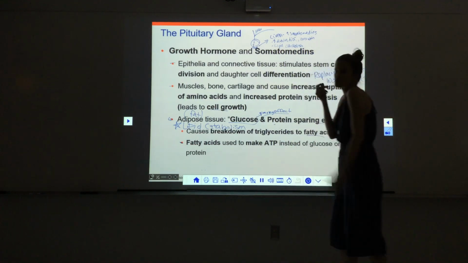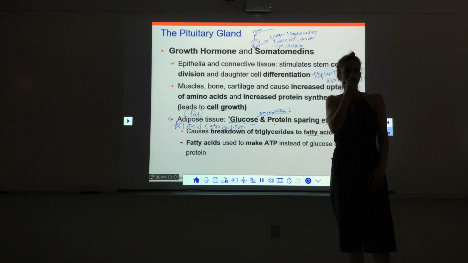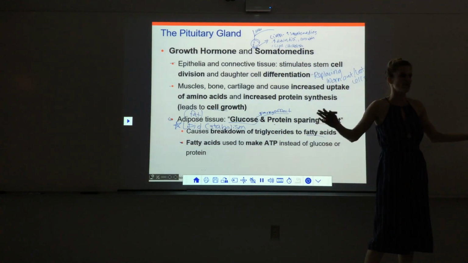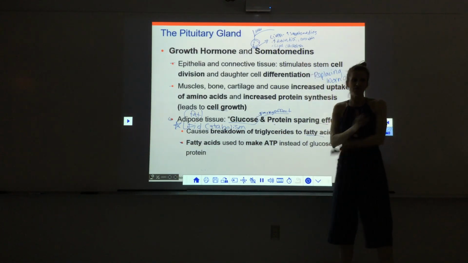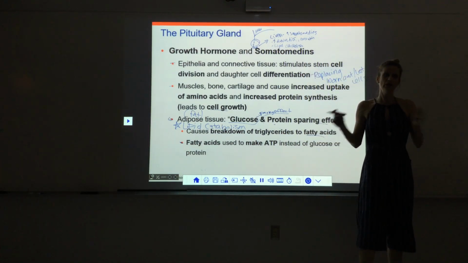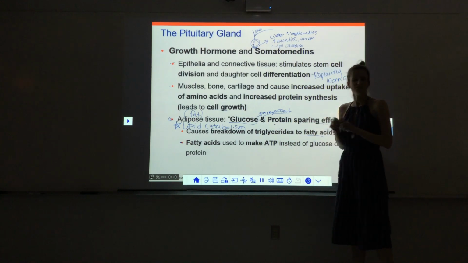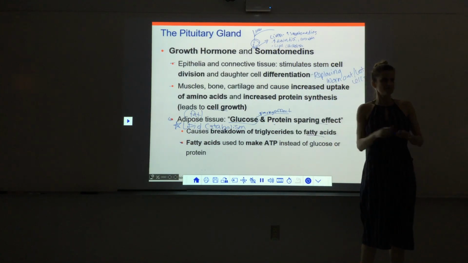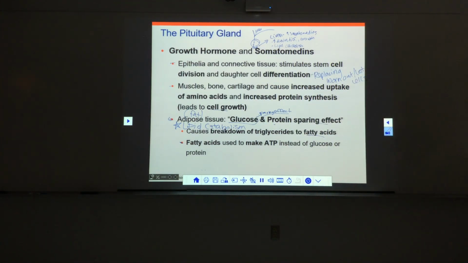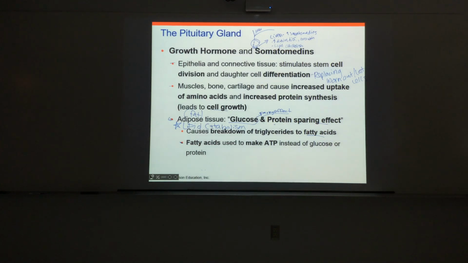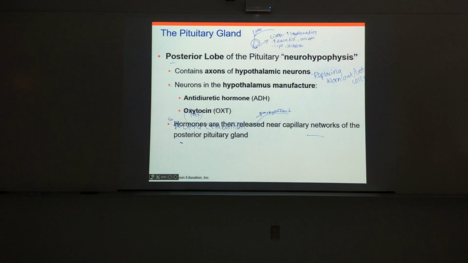Okay, that's pretty much what I would know about growth hormone. Cells divide, cells start to grow. We break down lipids so that we can use all of our proteins to grow. And we release somatomedins that increase all of those effects. And we make proteins. I would add increased protein synthesis to that.